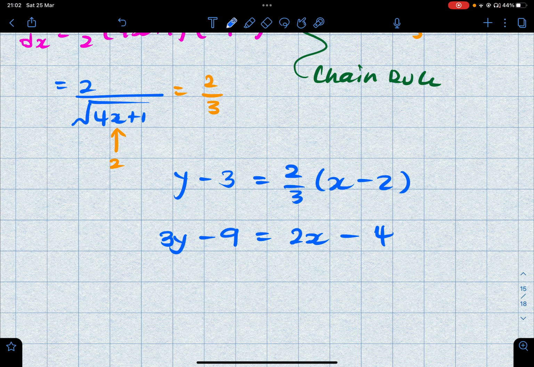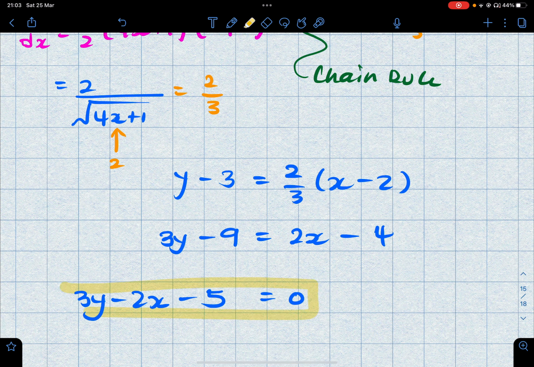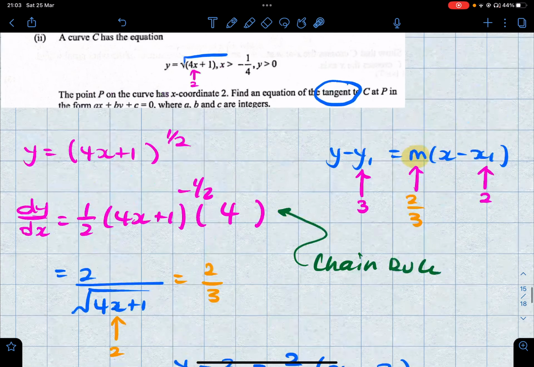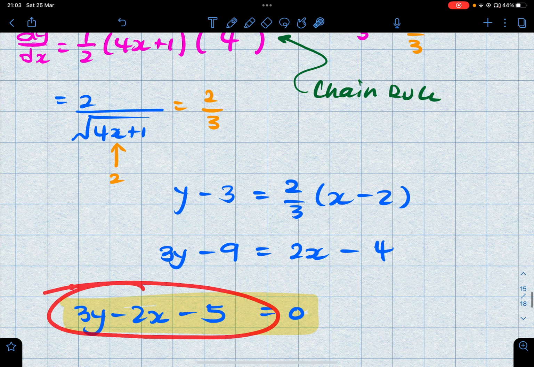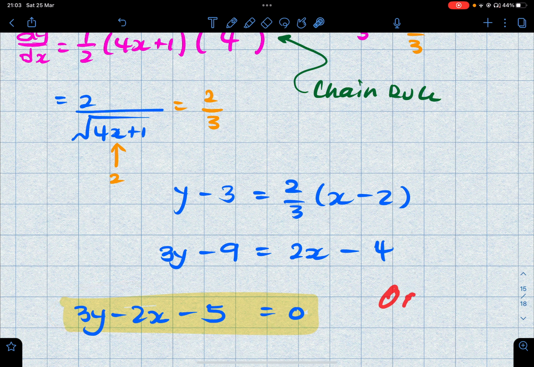And then you can bring everything to one side, and you have 3y minus 2x minus 5 equals 0. So that is the equation of the tangent, and they said write it in this form, and that's almost the form that they asked for.